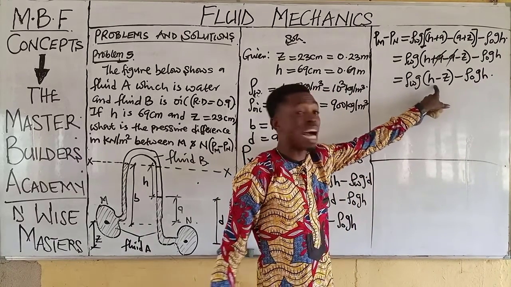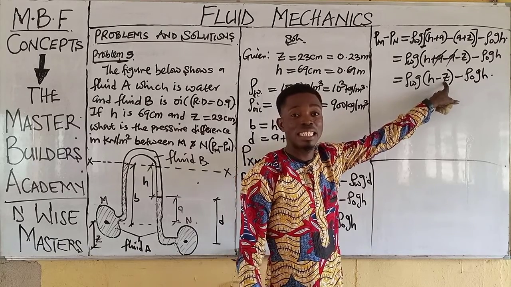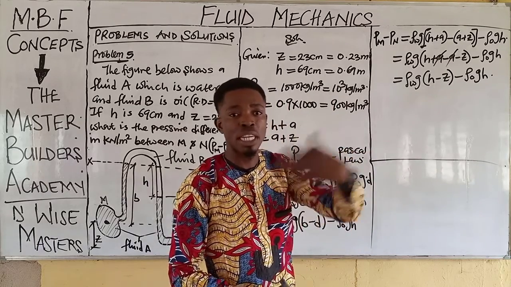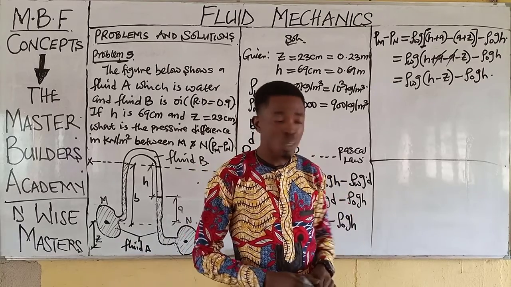So at this point, we have H known. We have Z known. All we need to do is to substitute for H and Z. We are done with this question.